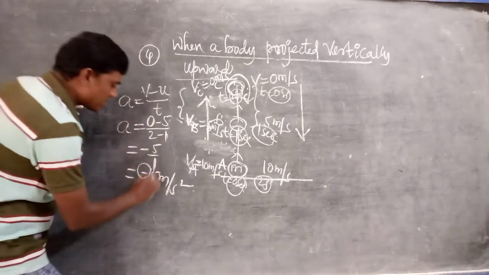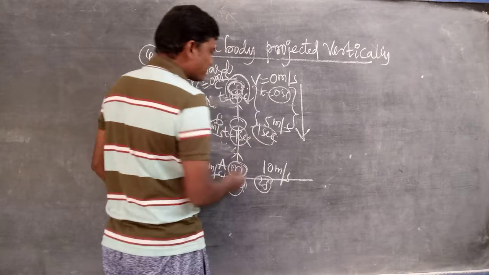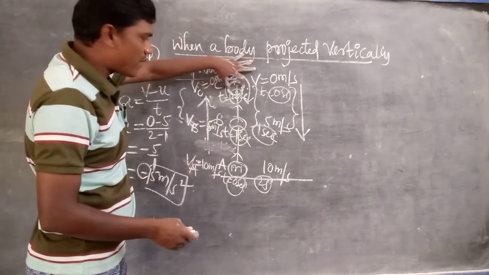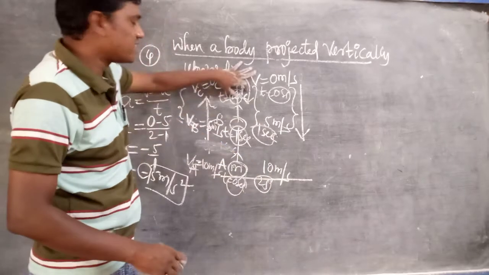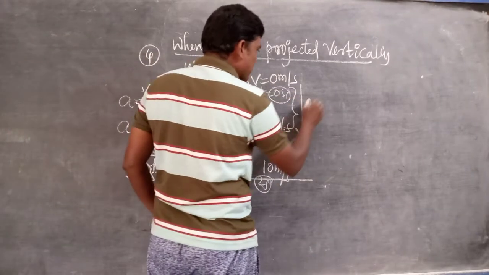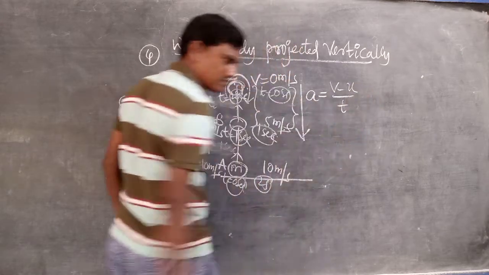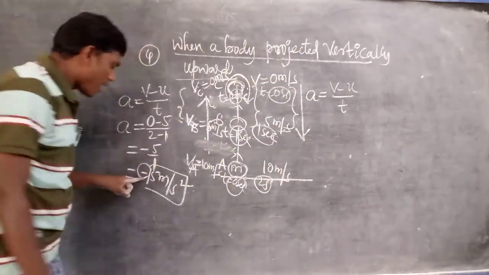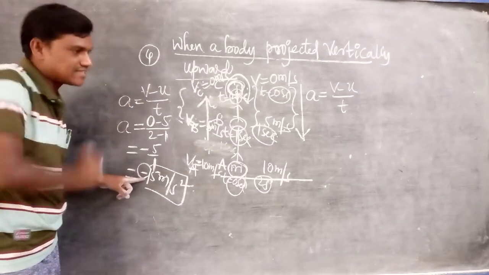Anyway, what is the magnitude here? 5 meters per second square. Next, at the maximum height, the body again comes downward immediately without staying in the air. So in these two points, what is the acceleration? a equals (v minus u) by t. Here the minus sign is represented because the velocity of the body gradually decreases.